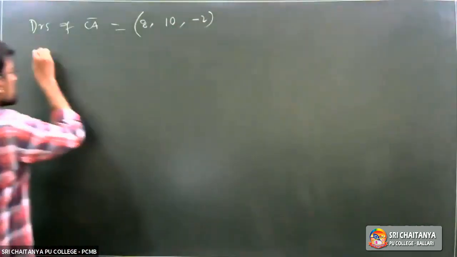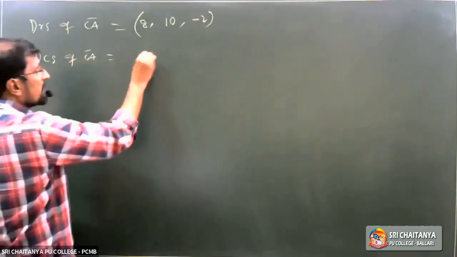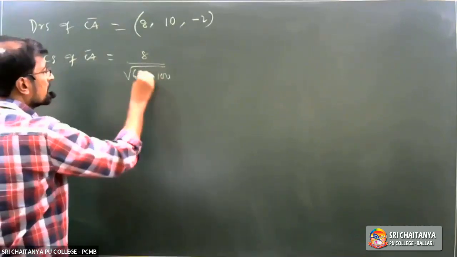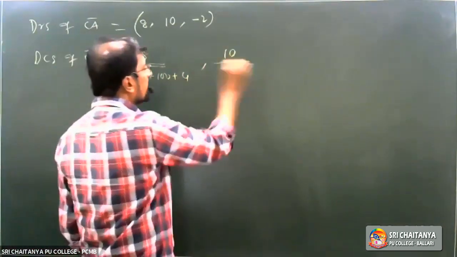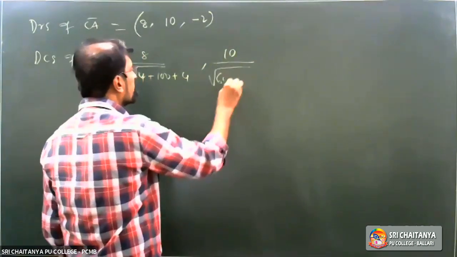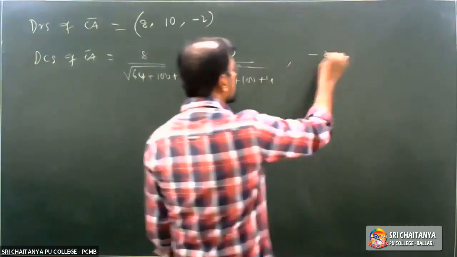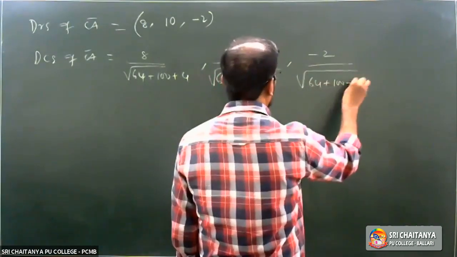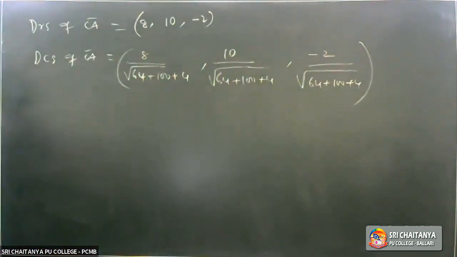Now, DCs of CA bar is equal to 8 by root of 64 plus 100 plus 4, right? Comma, 10 upon root of 64 plus 100 plus 4, right? Minus 2 upon root of 64 plus 100 plus 4. Now simplify this, you are going to get DCs of CA bar.